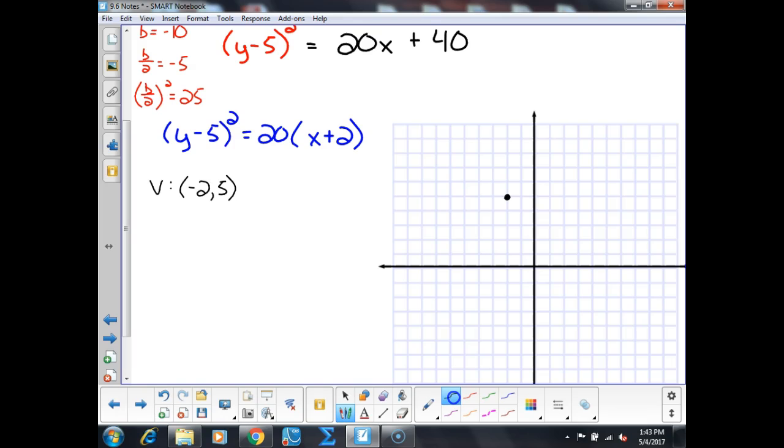Okay, which way does this one open? Which way? It's only going to open one direction, so it's either up, down, left, or right. To the right. It's y squared is left and right. Positive number there gets me its opening right.